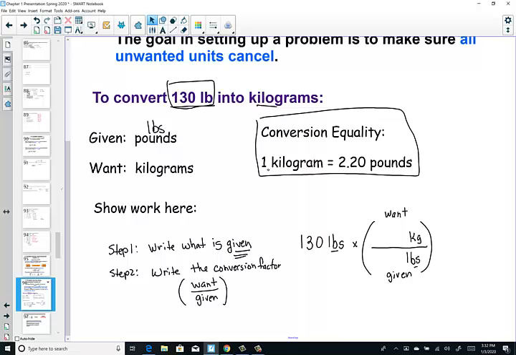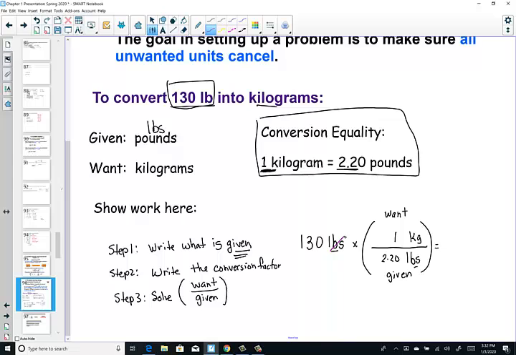So our fraction of want over given places kilograms over pounds. Now go and find those values. 1 goes with the kilogram. Pounds goes with 2.20. And in your next step, you're going to solve, canceling out any units that appear top and bottom. So notice what we've done very specifically.